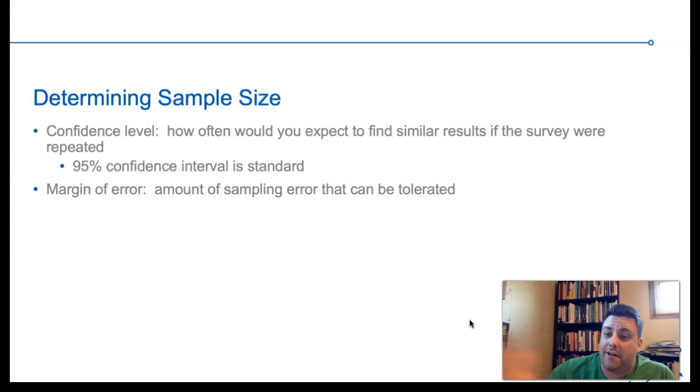So it's 5% on either side of the estimate. If a politician had a 50% approval rating with a 3% margin of error, then the approval rating might be as high as 53% or as low as 47%.